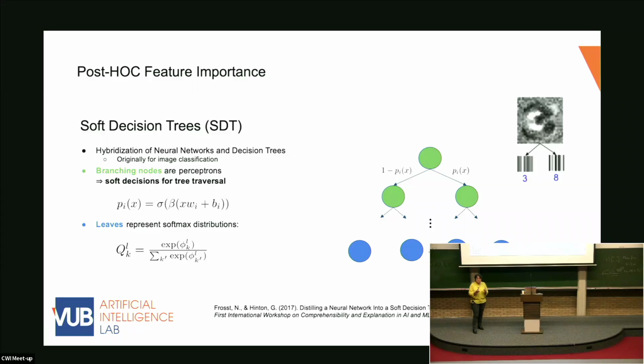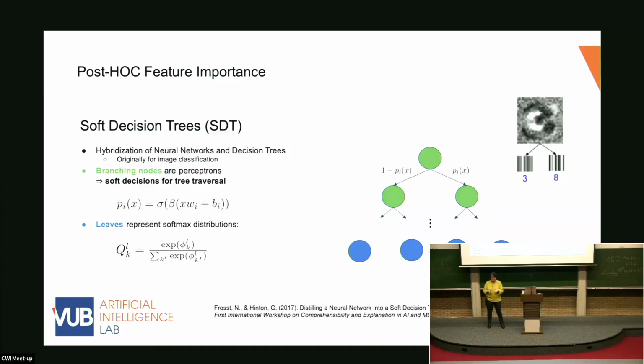You basically have two strategies. You have your reinforcement learning agent, you give it full freedom, and then you try to understand how the policy works, or you make it interpretable by design. We'll also show you something on that later on. But here this is post hoc, so it means we have a policy and we try to gain some insights into the policy. One way to do it is with soft decision trees.